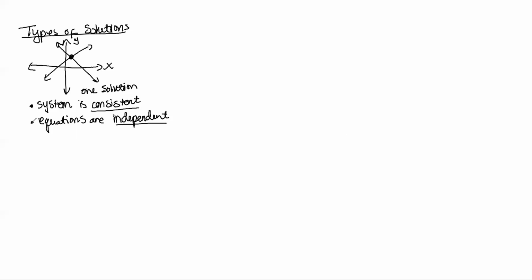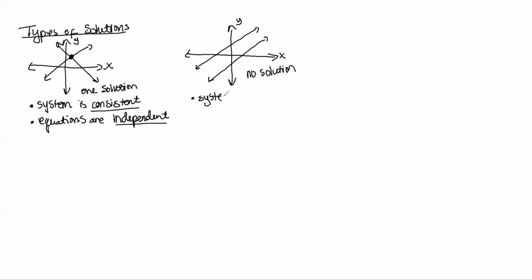The second type of solution we had was when we had parallel lines. And so with parallel lines, we had no solution because they never intersected. And so for this one, we say that the system is inconsistent.